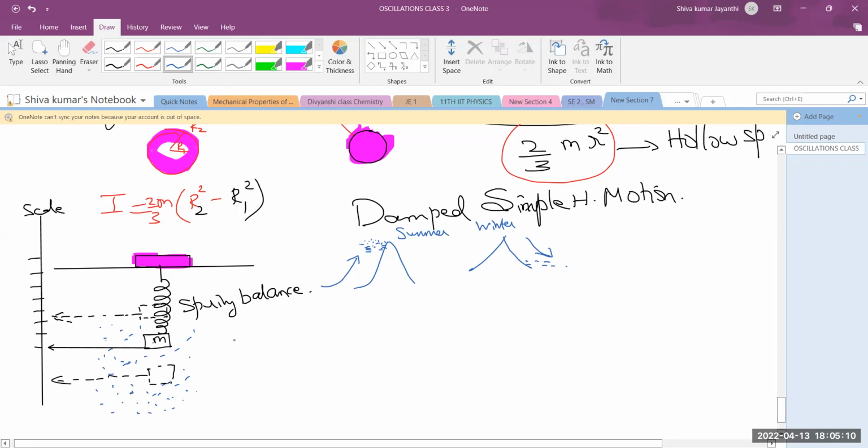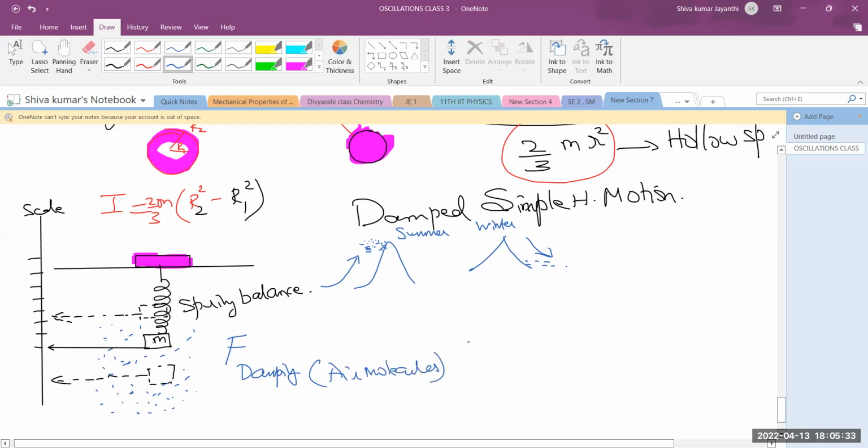Why is this happening? There is a damping force acting on it. Damping means a reducing force, a force that is reducing your oscillation. What is that force? Air damping, damping due to air molecules.